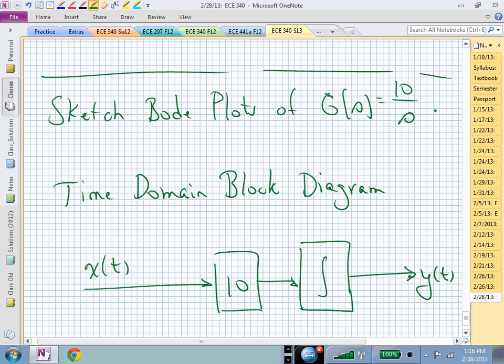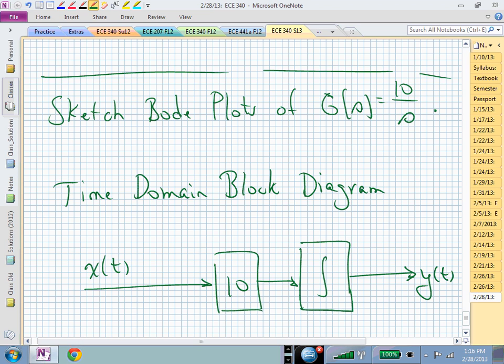Now, is this system BIBO stable? I would say no. A lot of times books will say it's marginally stable, but that's only if you sort of are exciting it with an initial condition. What would be a bounded input x that would cause this output to go unbounded?